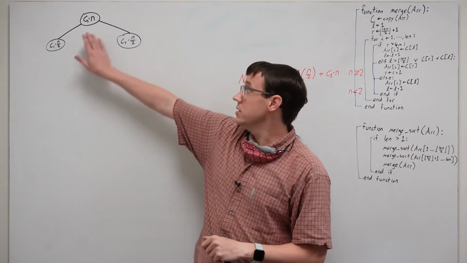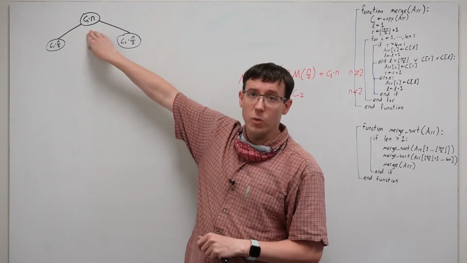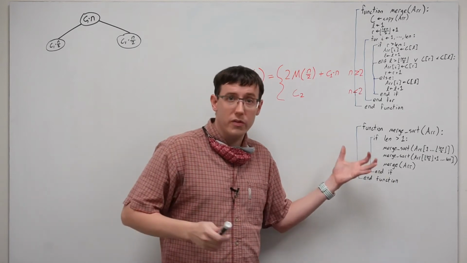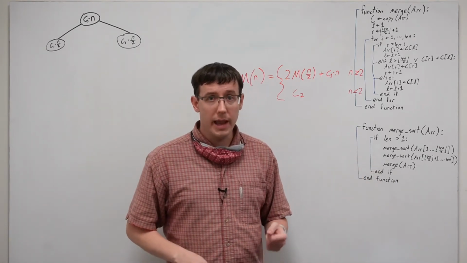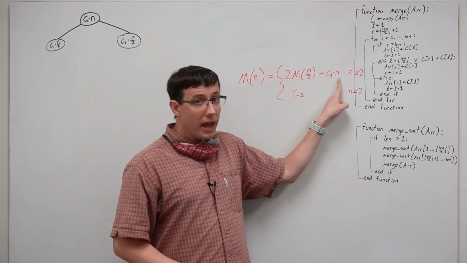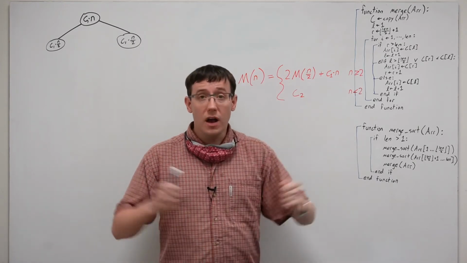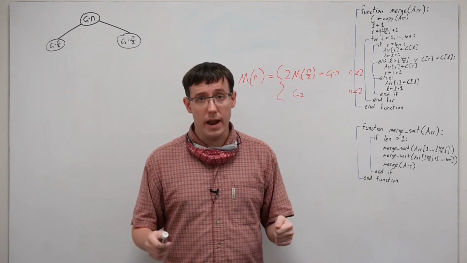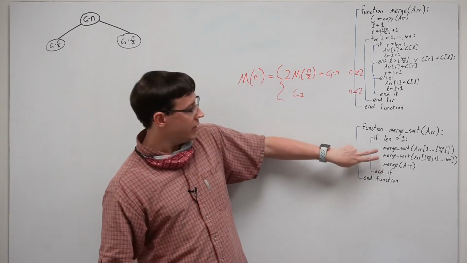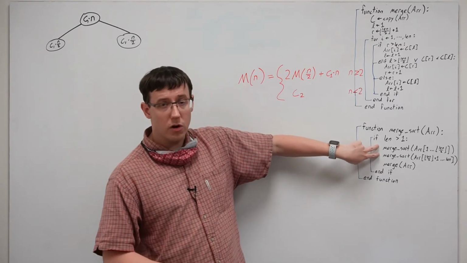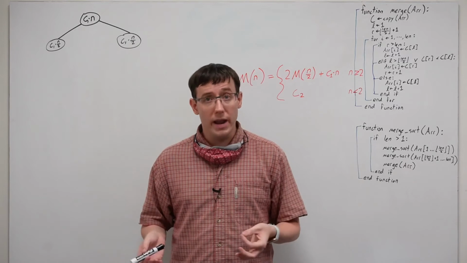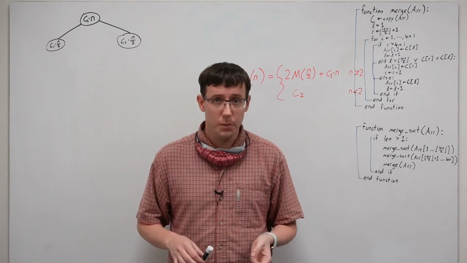So at the top level of our tree, we have a single node for when we called merge sort on the entire array, and at that level, we have c1 times n, where the size is the entire array. When we go one level down, we're now thinking about the first recursive calls to merge sort, and each of those operates on an array of size n over 2.